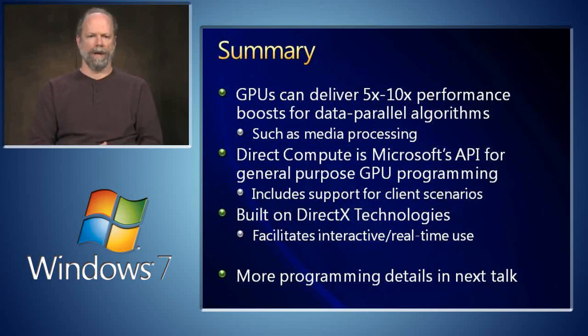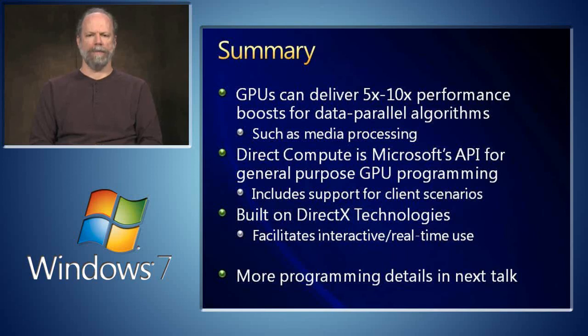Okay, in summary, the key point is that GPUs can really deliver typically an order of magnitude performance boost, at least for data parallel algorithms, over a CPU for a given amount of dollars and watts. Data parallel algorithms such as media processing are a key example.